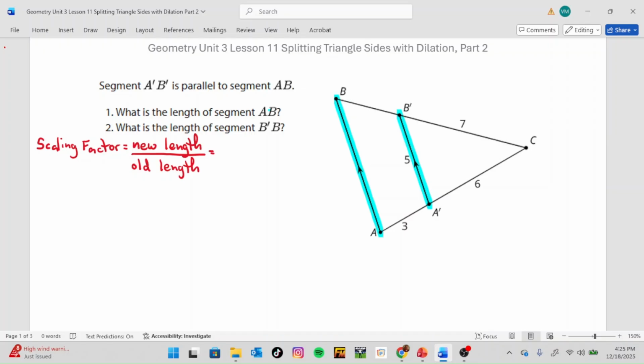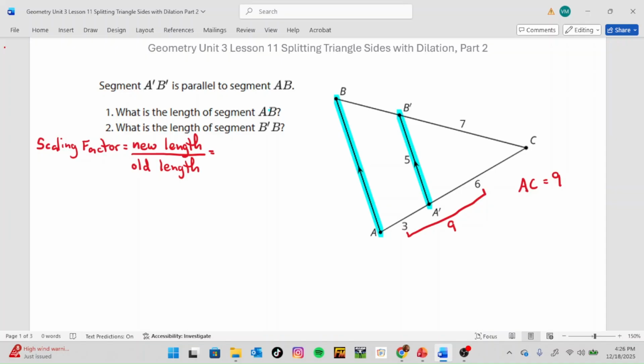The only place on here where I get both the old and the new is down here on AC. If I add the 3 and the 6 together, then I find out that the original length AC was 9 units.